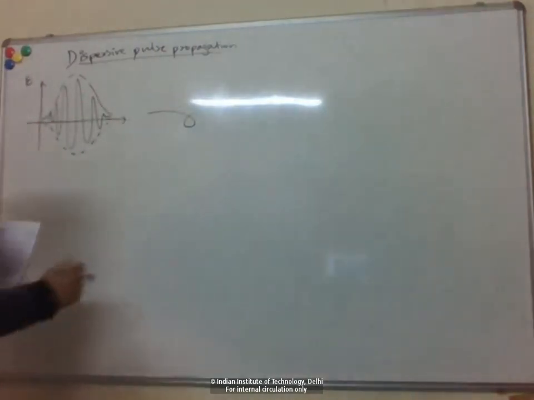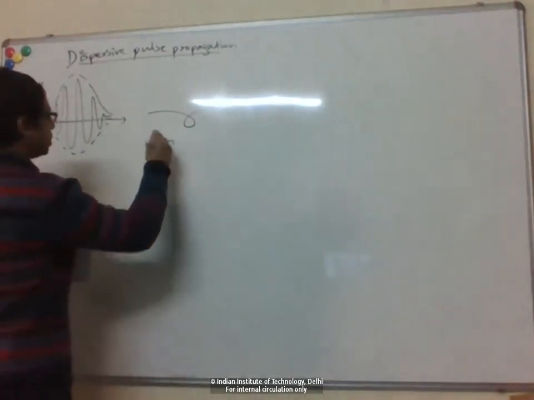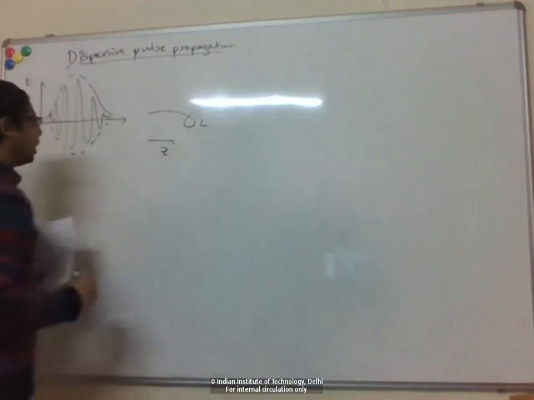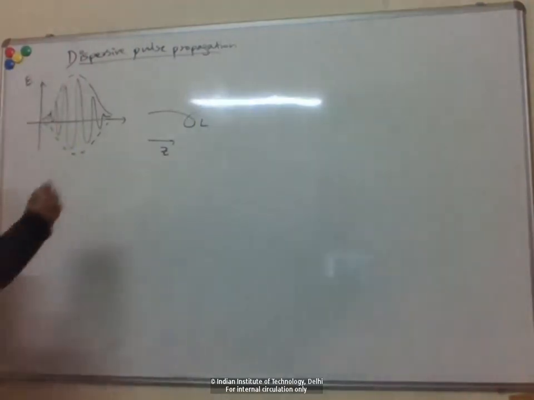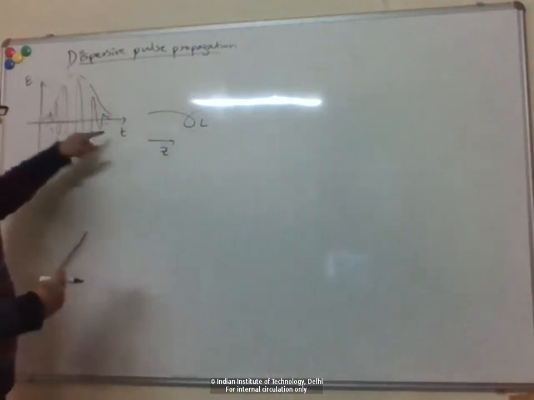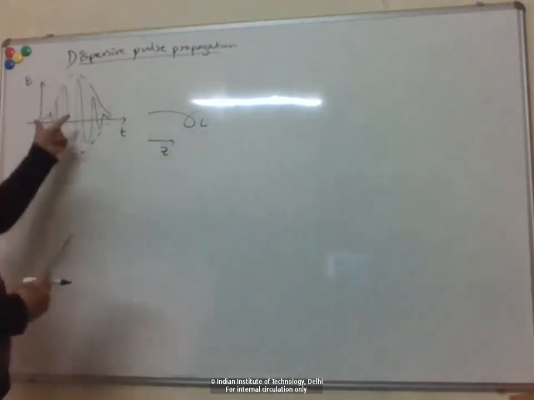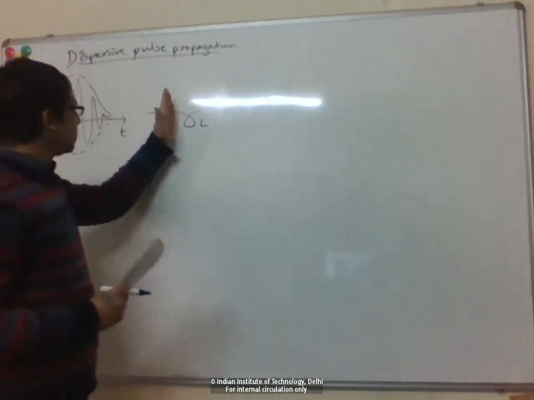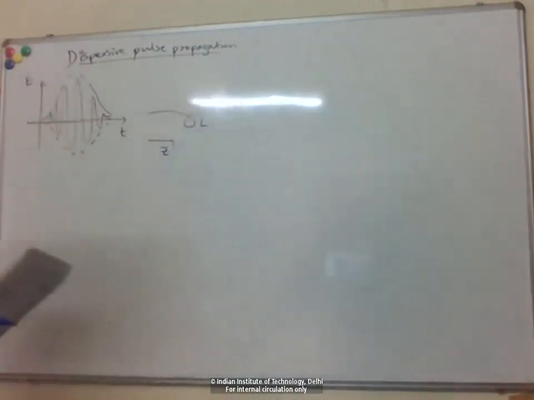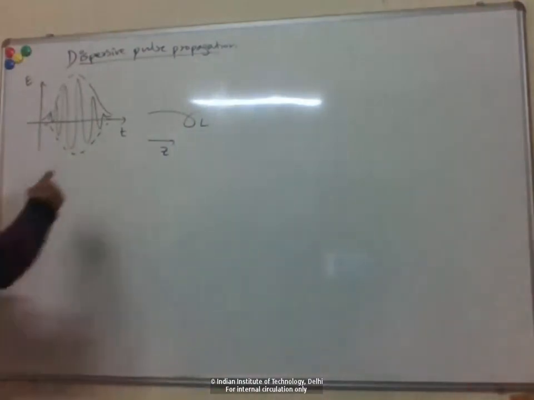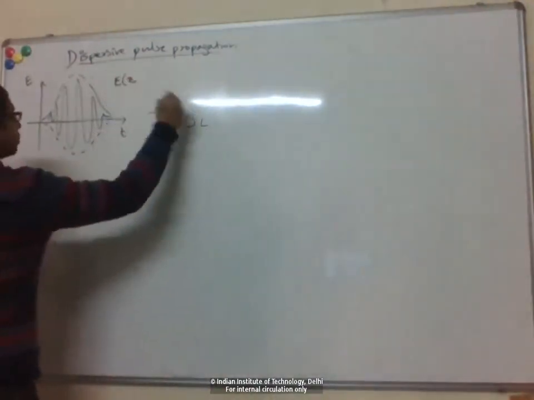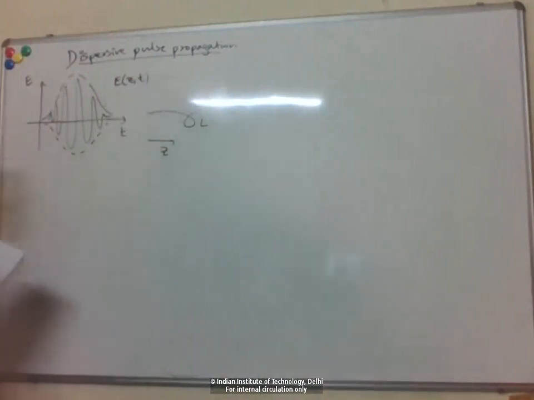If z is the distance along the fiber, with total length L, my pulse has a shape which is a function of time, and that shape will change as I look at different z, or different propagation distances along the fiber. So this electric field is a function of both position along the fiber and time.